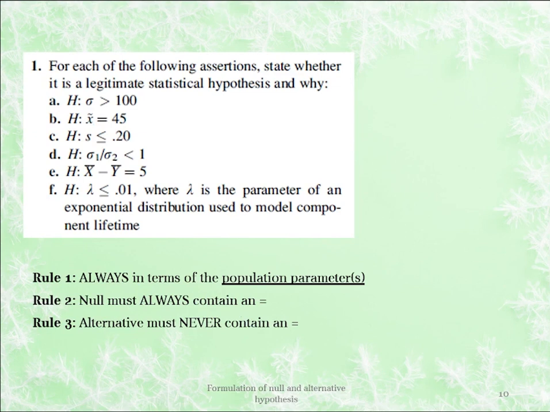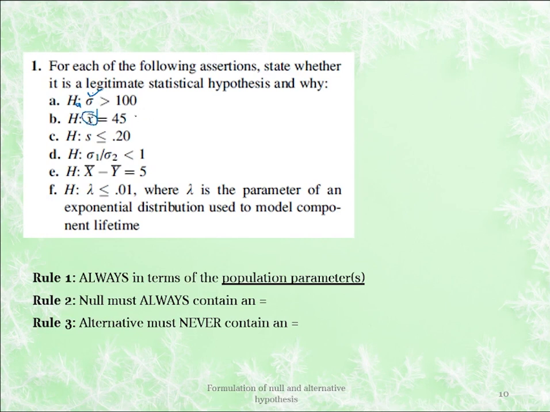So if we look at this, the first one, we do have our population parameter. And in this case, we have a greater than, which means this can't be the null. This can maybe be an alternative hypothesis. So this does comply with everything we need to make it an alternative. So we're all good. The next one, however, we are looking at the sample median.